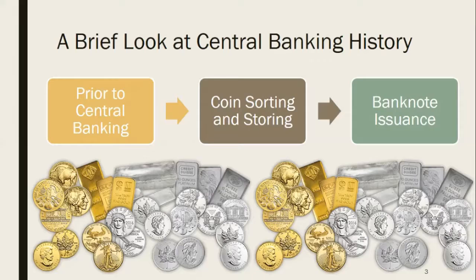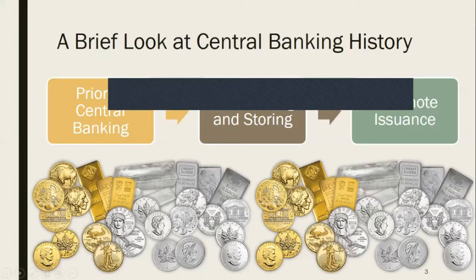Right. So from coin sorting and storing, now we switch to banknote issuance. Now you know the flow, how the central bank emerged. So what is the first central bank in history, or the oldest central bank? That is the Riksbank in Sweden.